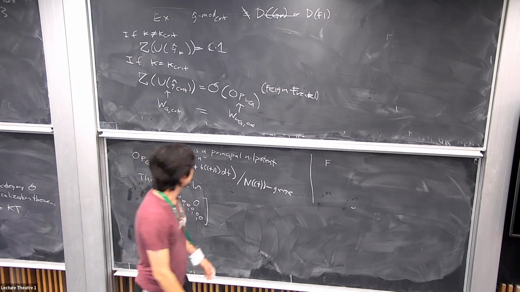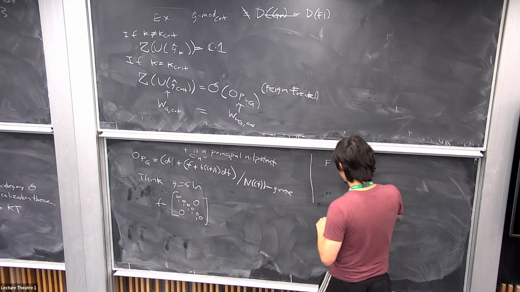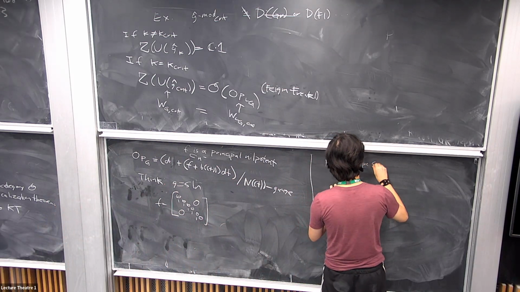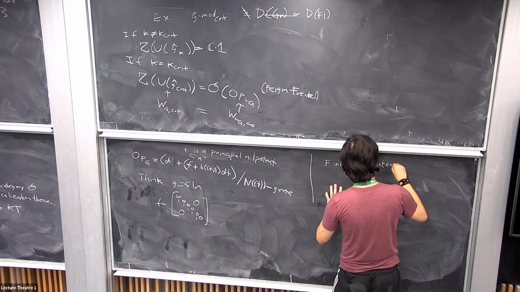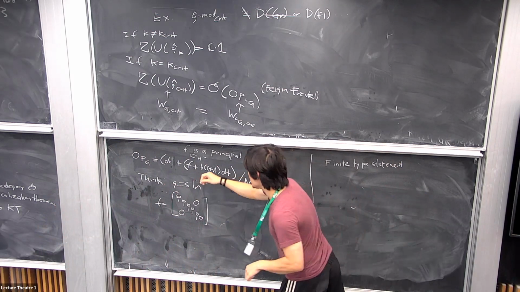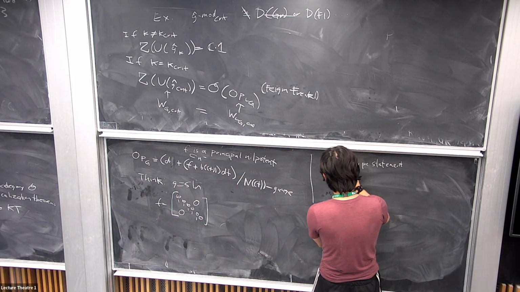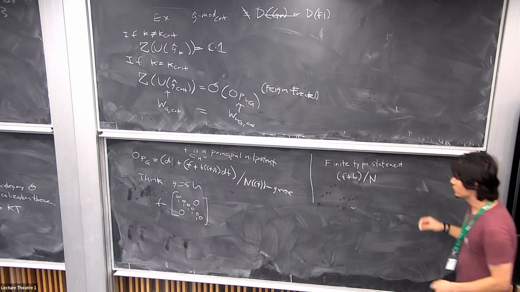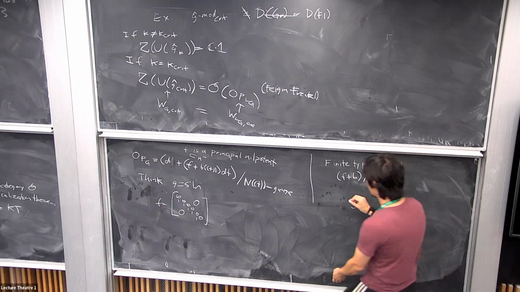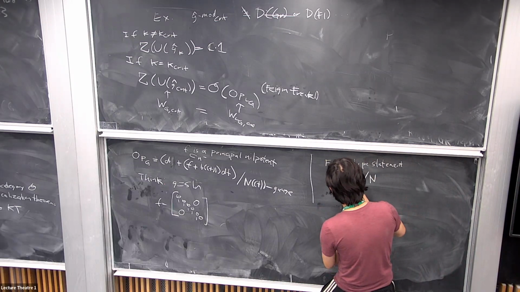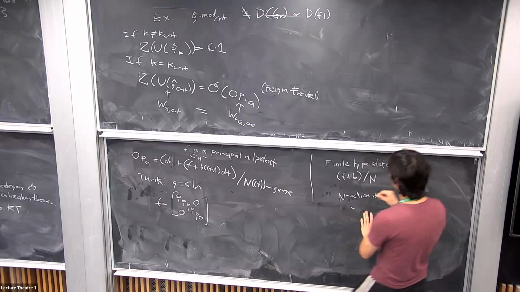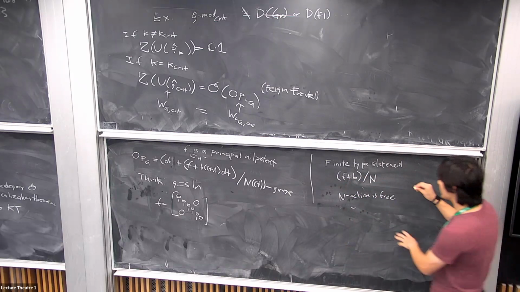And you can compare this with a finite type statement, which is that if you take not loops into b, but just take f plus b, and you quotient out by n. First off, the n action is free. And the quotient is a nice simple algebra.